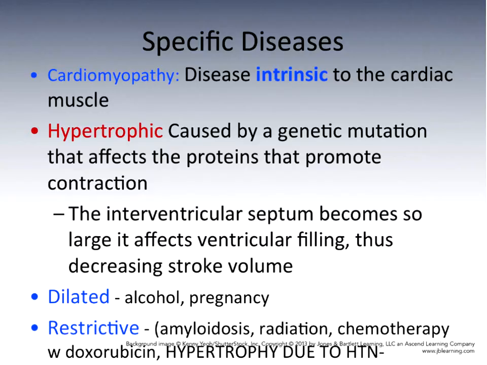Restrictive is another side, so you can imagine that heart muscles are being stuffed with something extra, and this is amyloidosis. It's a protein fiber that leads to very stiff, like grilled muscle, and also exposure to radiation, chemotherapy, particularly with doxorubicin.